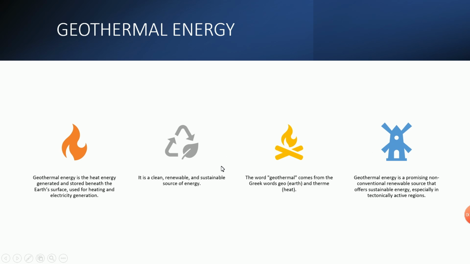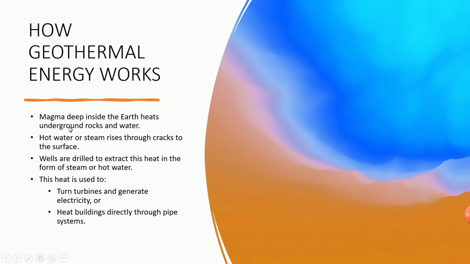So how do they do this? Here they have given that magma deep inside the earth heats underground rocks and water. I'll say it simply in Tamil, and I don't want to repeat what is written there.